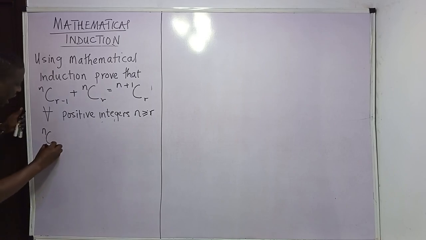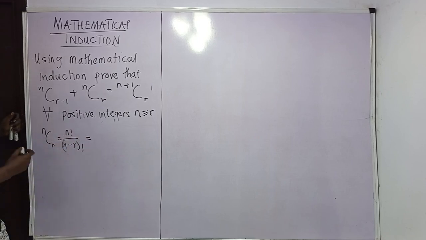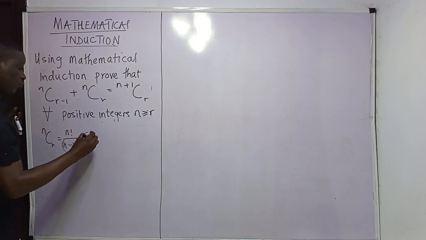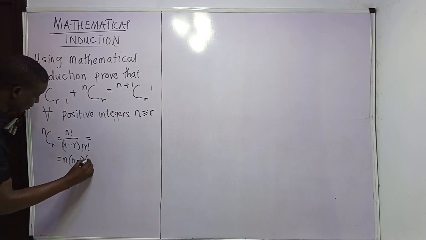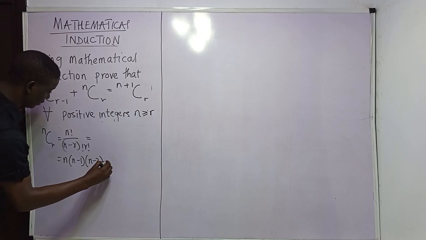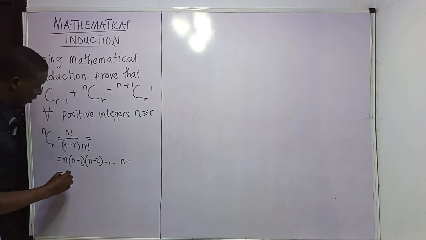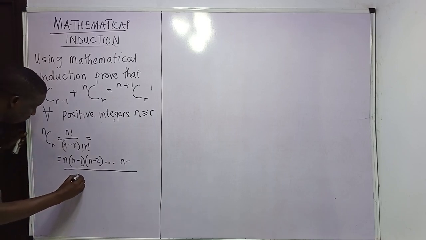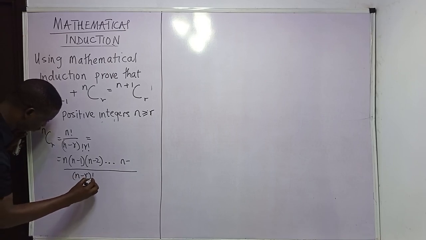Now, n combination r is equal to n factorial over n minus r factorial times r factorial, which is the same thing as saying n into bracket n minus 1, n minus 2, dot, dot, dot, then the last term for this particular word is n minus r factorial.